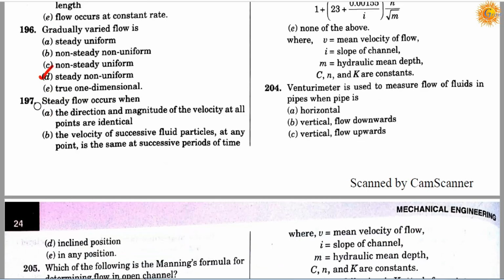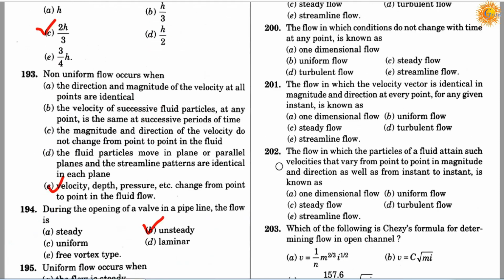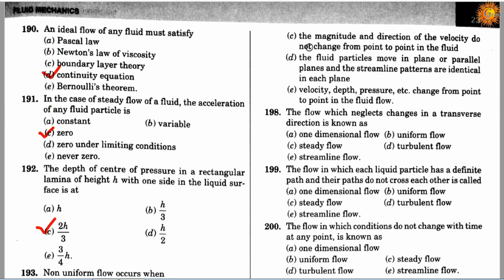Question number 197. Steady flow occurs when option A, the direction and the magnitude of the velocity at all points are identical, option B, the velocity of the successive fluid particles at any point is the same at successive periods of time, option C, the magnitude and the direction of velocity do not change from point to point in the fluid, option D, the fluid particles move in plane or parallel planes and the streamline patterns are identical in each plane, option E, velocity, depth, pressure, etc. change from point to point in the fluid flow.